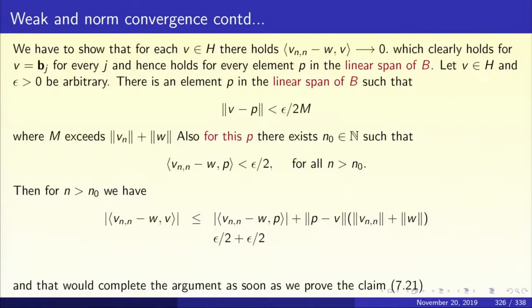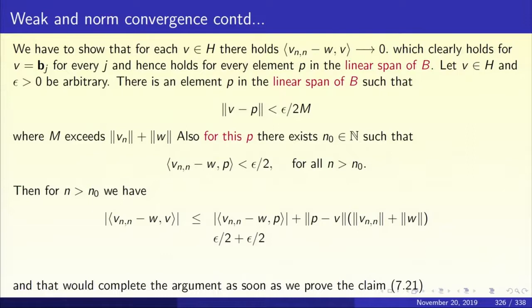We have to show that for each V in the Hilbert space, the inner product of Vnn minus W with V goes to 0 as n tends to infinity. And this will definitely hold when V is Bj by very construction, because Vnn dot Bj converges to Aj and W dot Bj is also Aj.